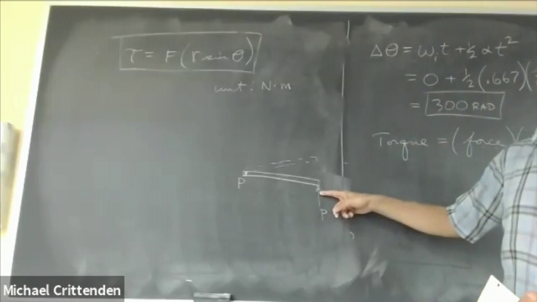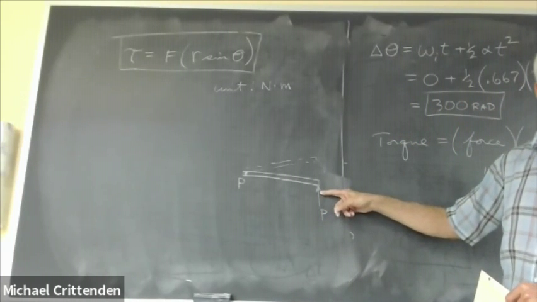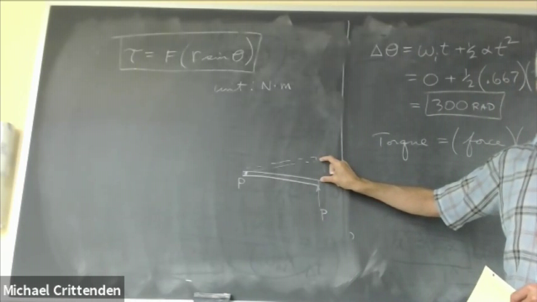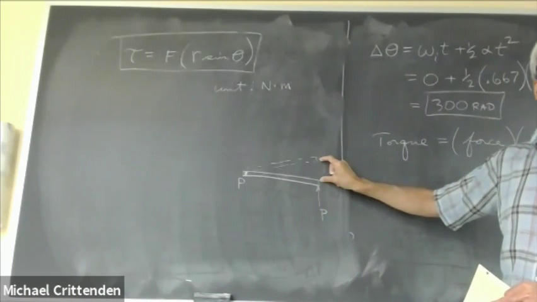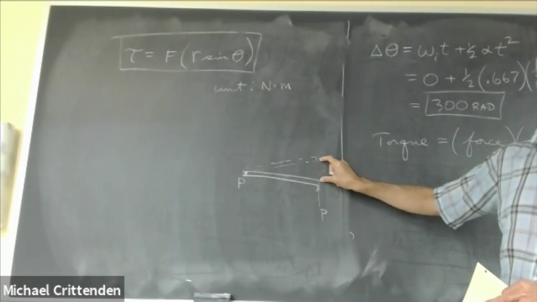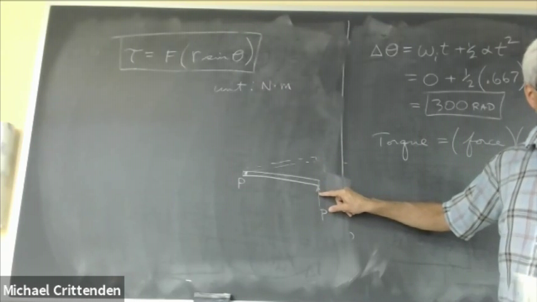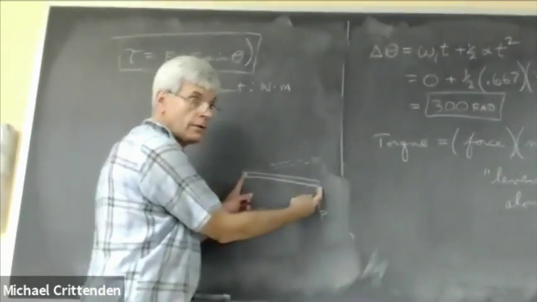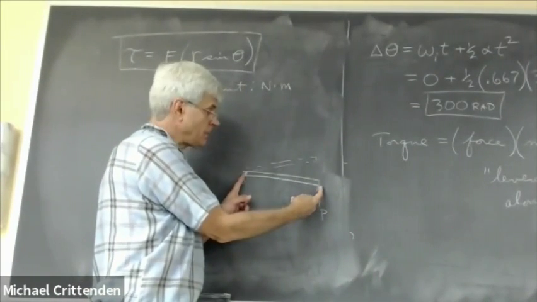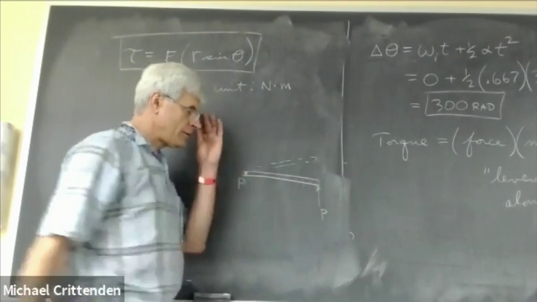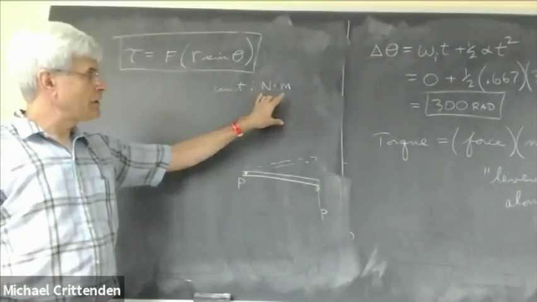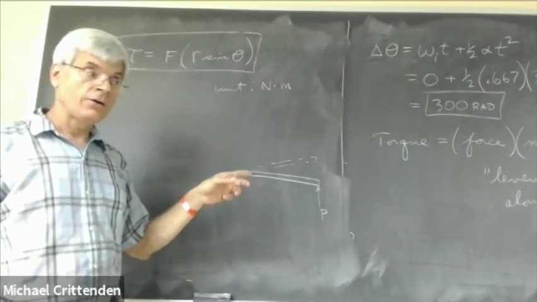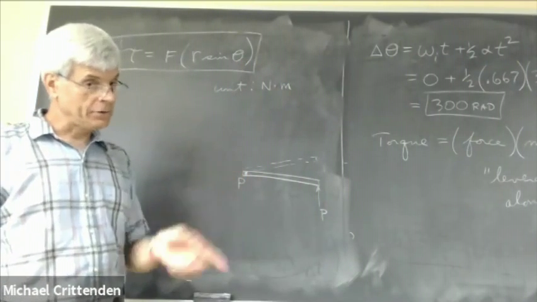If you want to calculate how much work this force did, it would be the force times this distance, the force times the distance which that force acts through. If you want to calculate the torque created by that, it would be the force times this distance, the amount of leverage it has. So even though they happen to be dimensionally equivalent, torque and work are two entirely different things, to the point where work is a scalar and torque is a vector.